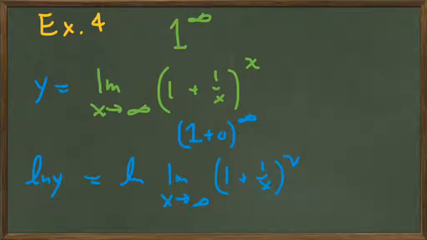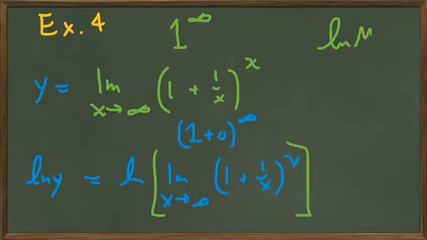We use the ln property that ln of m to the r is r ln m to bring that power x out front.